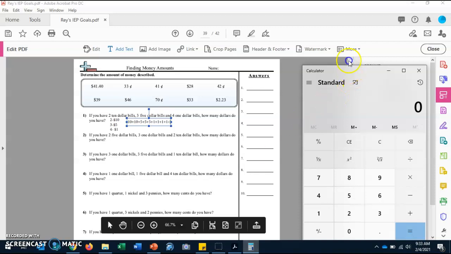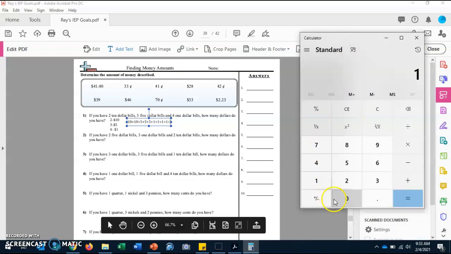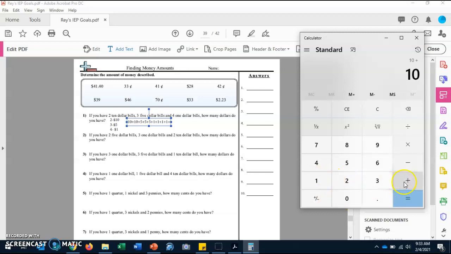So now we would put this in our calculator. So 2 $10 bills, then 3 $5 bills, and then 4 $1 bills.